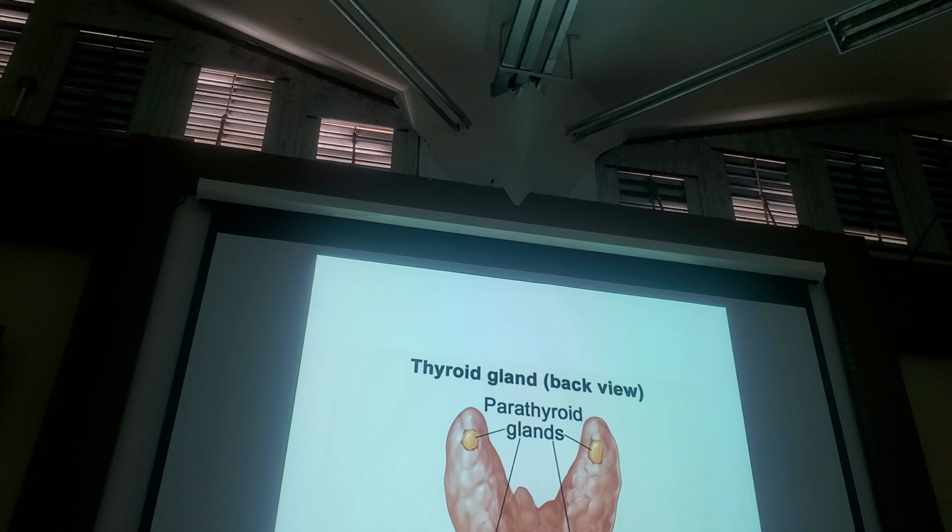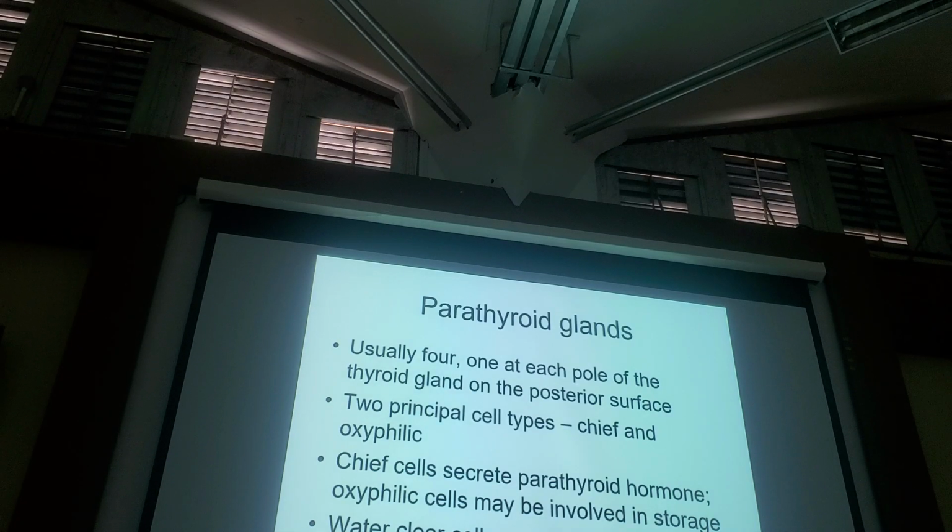When do they appear? At puberty. That's when you see them come up. Chief cells secrete parathyroid hormone. Oxyphilic cells may be involved in storage and in energy production.